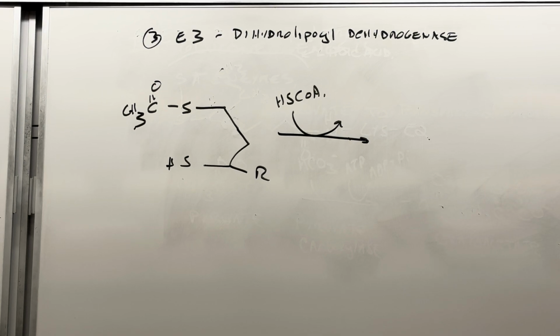Coenzyme, what the heck is coenzyme A? And why did I write HS-CoA? Well, now I'm going to cheat a little bit, and I'm actually going to use a slide to show you the structure of coenzyme A.